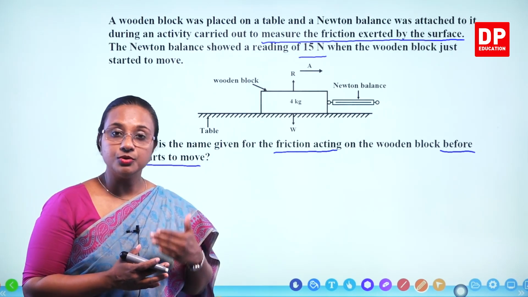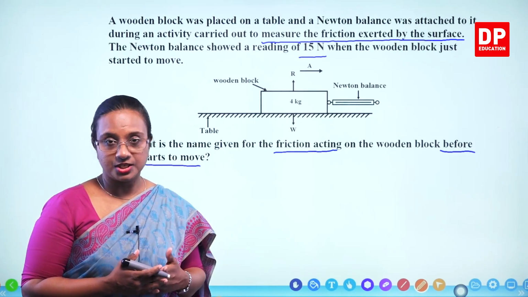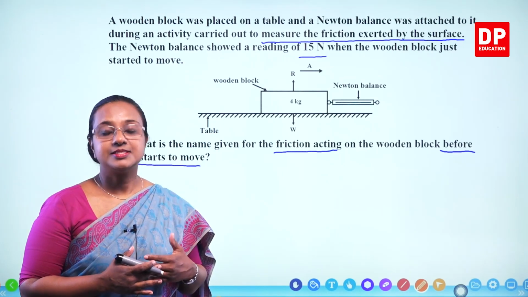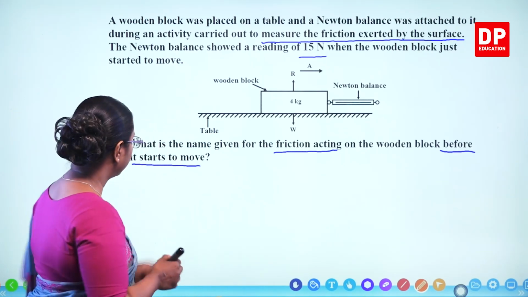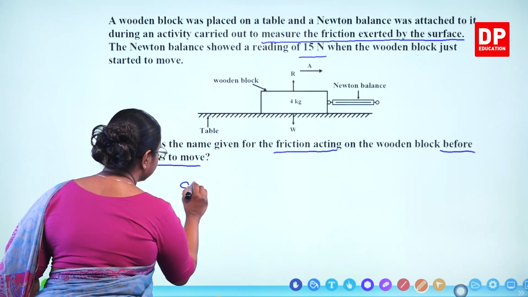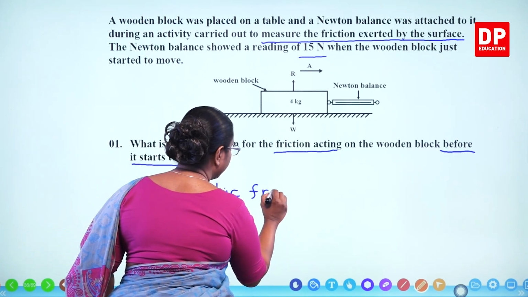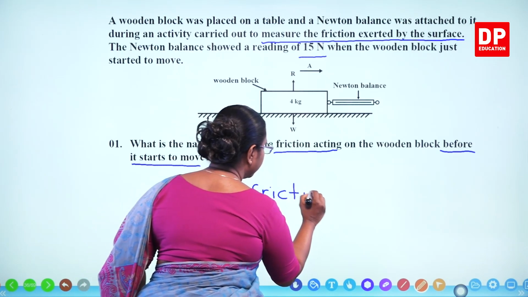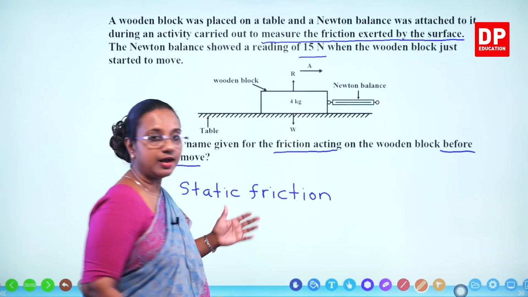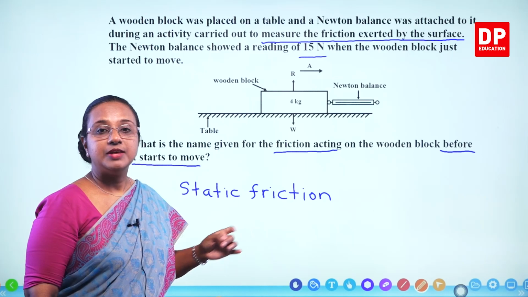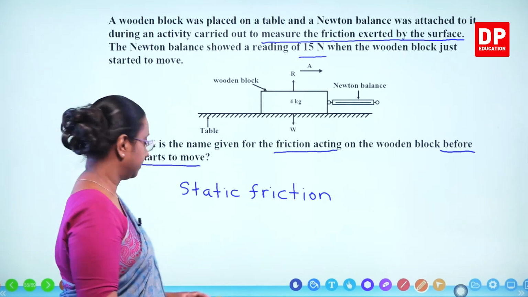You know the name of that friction. That is static friction. So here we have to write the answer as static friction, or you can say static frictional force. Both are same. We'll go to the next question.